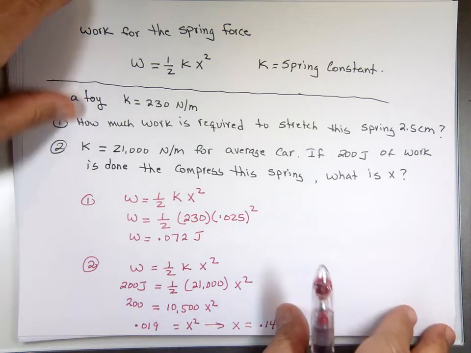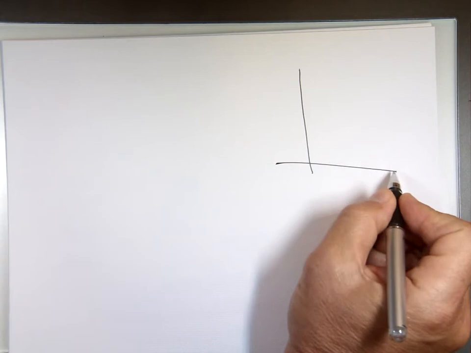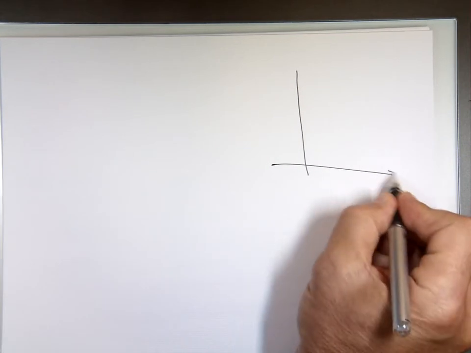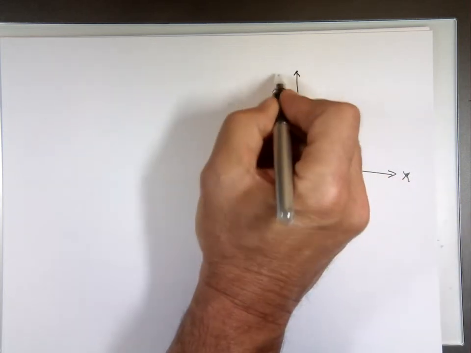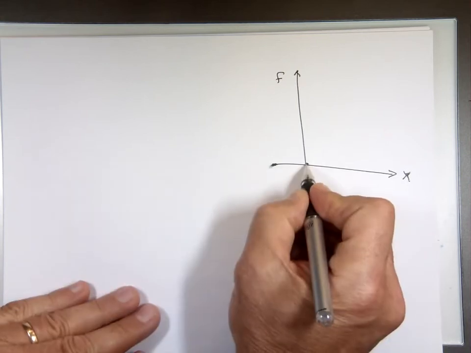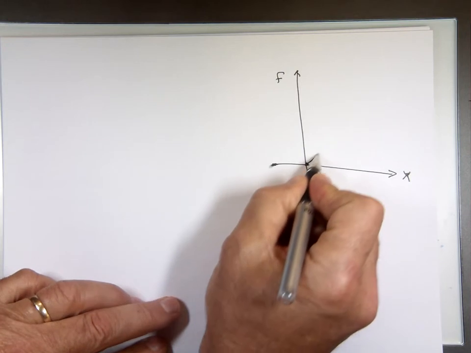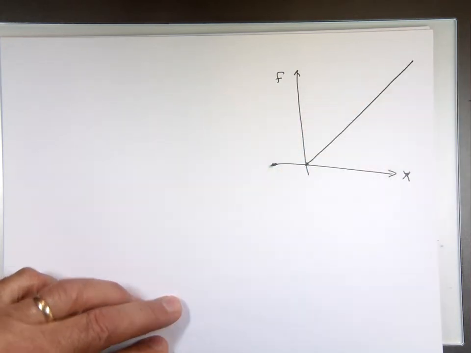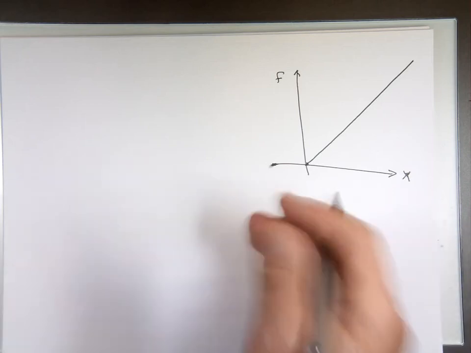If you graph the force on a spring, with x as the compression or stretching and F as the force, there is nothing at natural length: you're not pulling, you're not pushing. But as you start to pull, the force goes up. The more you stretch or compress it, the larger the force.